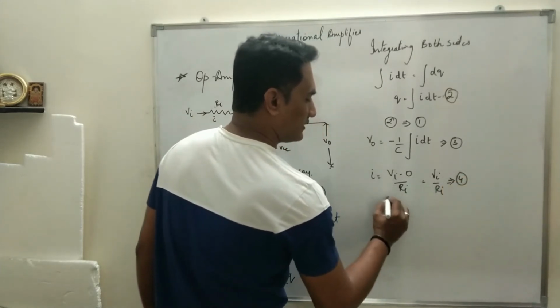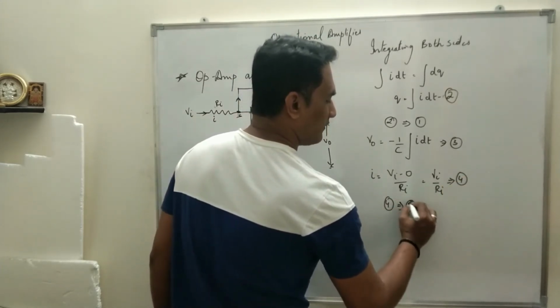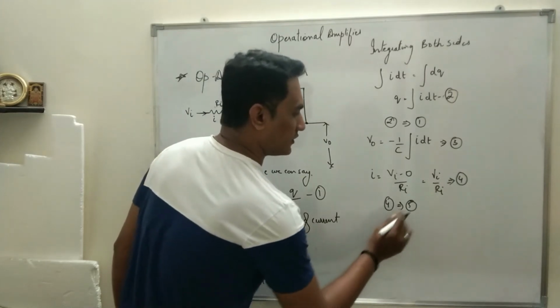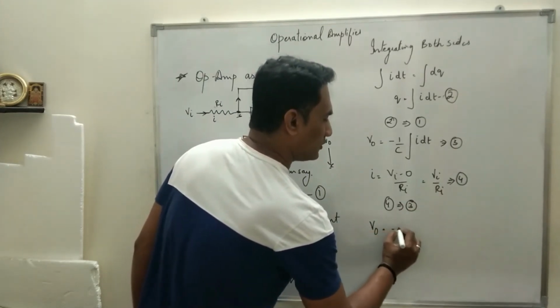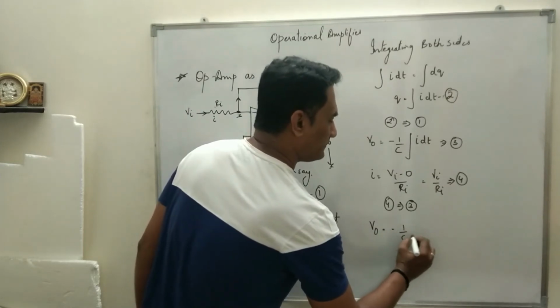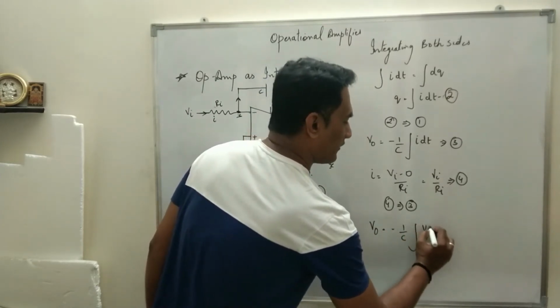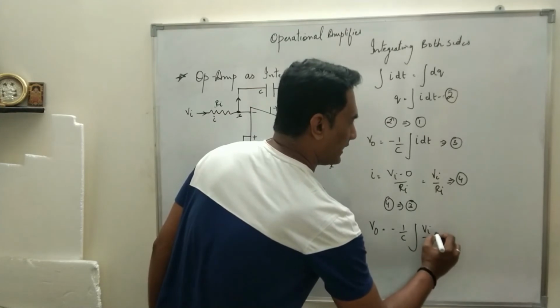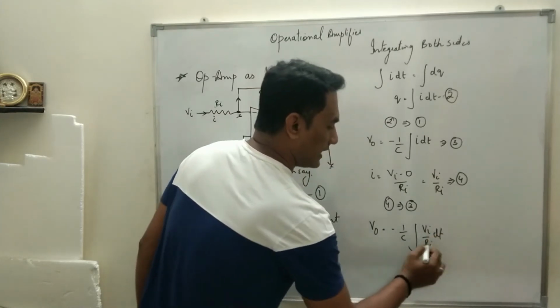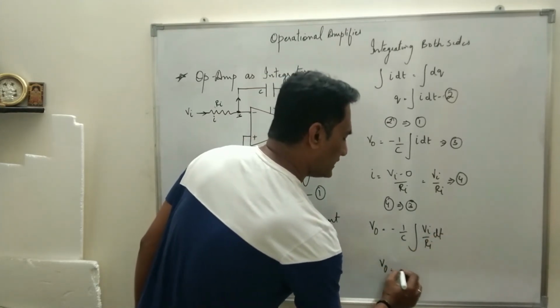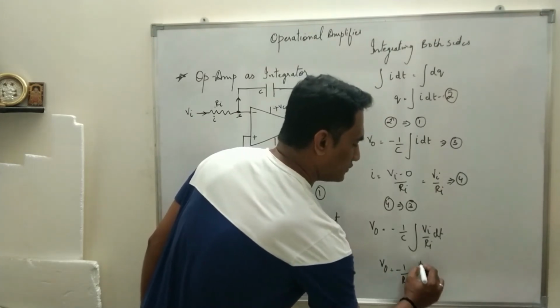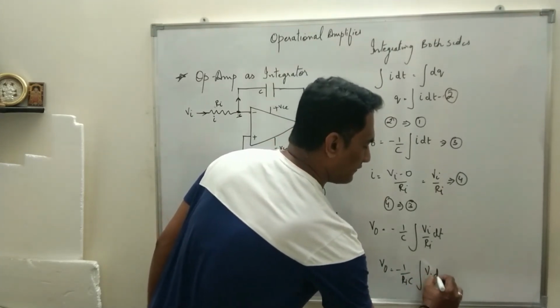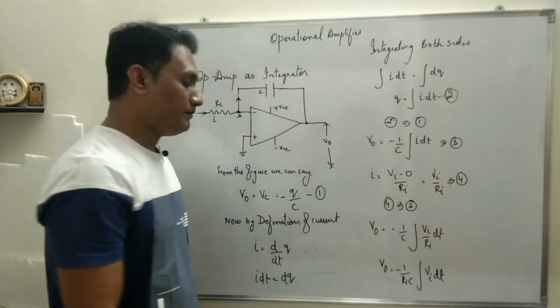Substituting the value of 4 in 3, what you get is V0 is equal to minus 1 upon C integration of Vi upon Ri dt. As Ri is constant, it will be taken out. V0 is equal to minus 1 upon Ri into C integration of Vi dt.